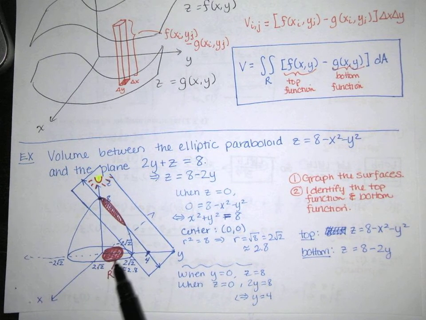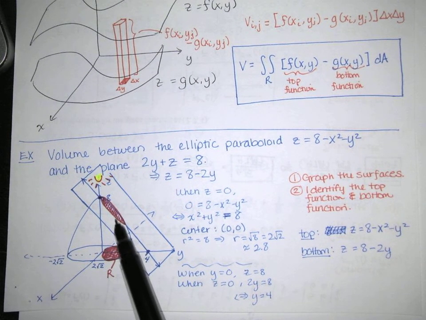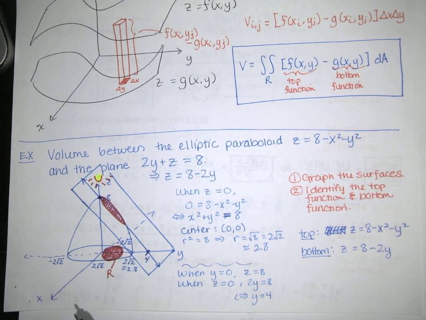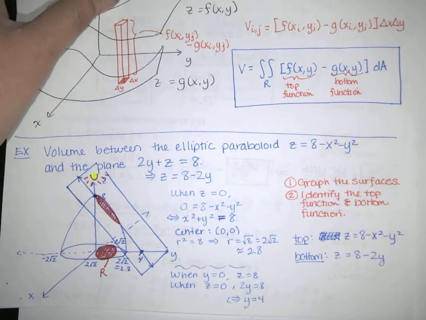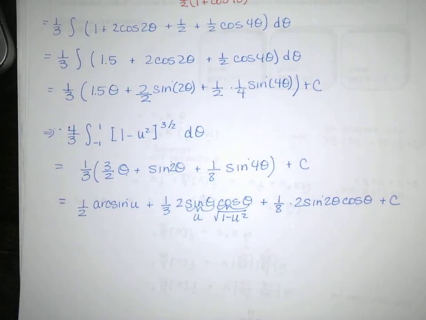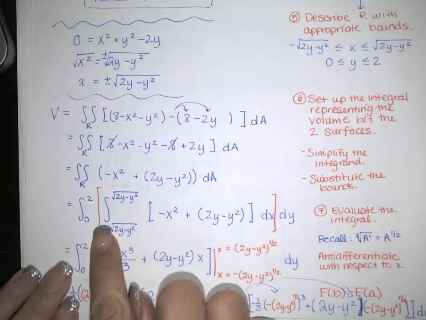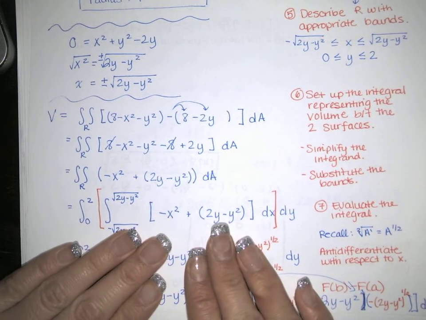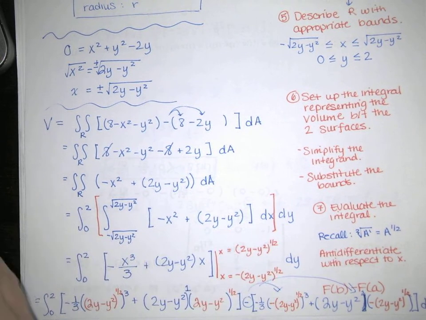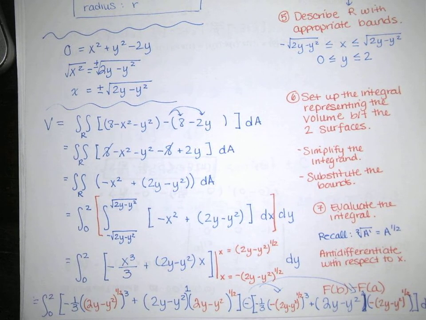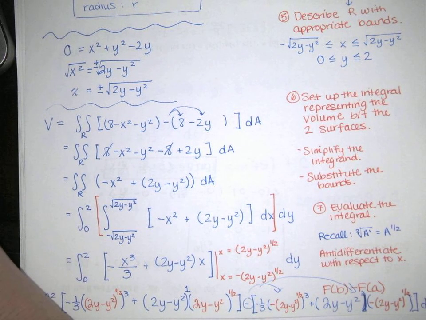You find the boundary of the region R by setting the z's equal to each other and then sketching R. And that allows you to set up an integral. And we did that, and we got here. Then you evaluate that integral using known methods from previous classes. Unfortunately, I've run out of time and I can't show you what the answer is, but I'll put the answer in the description.